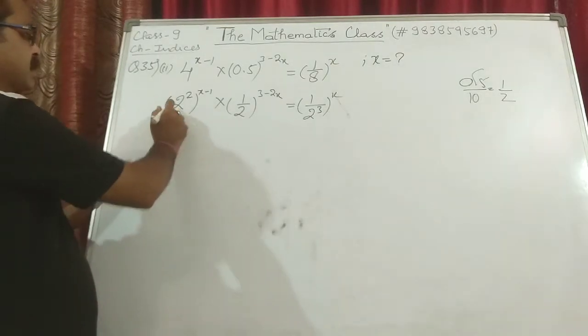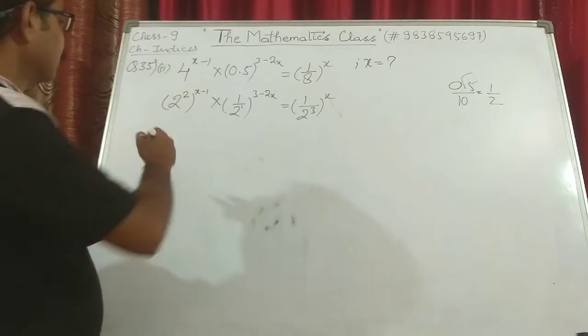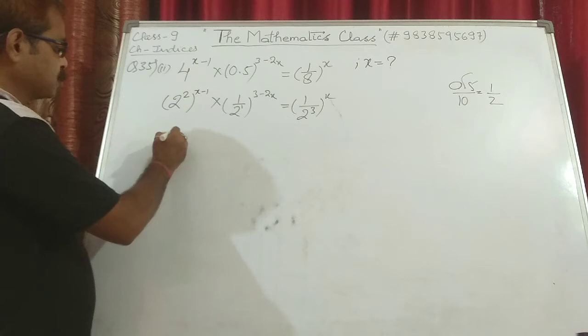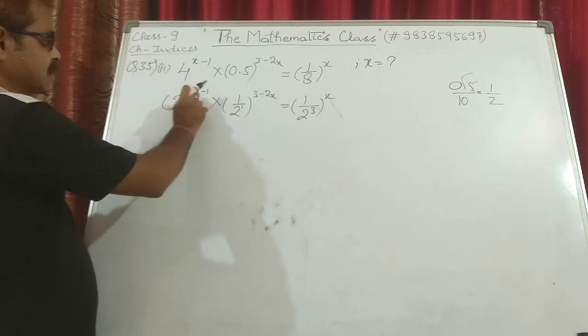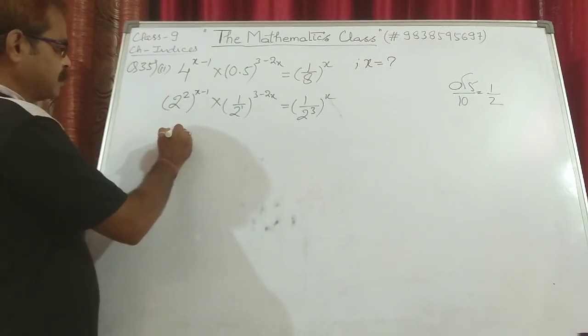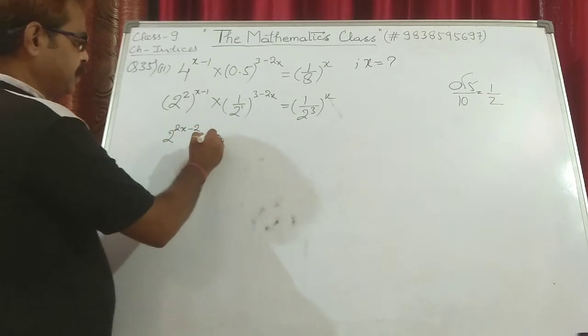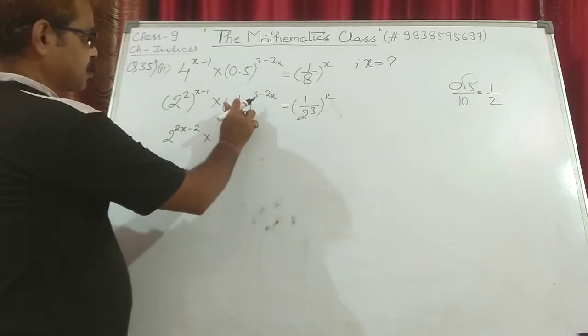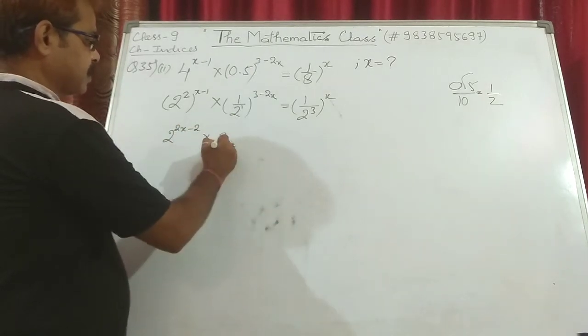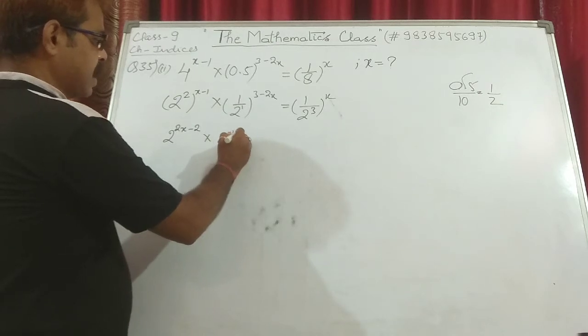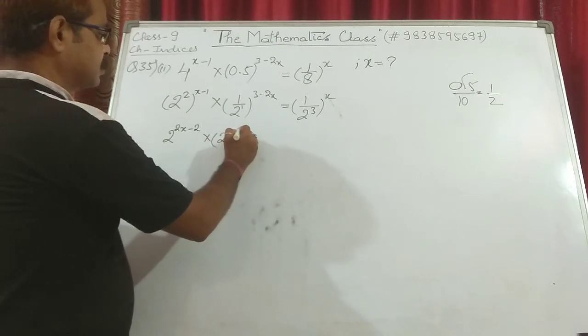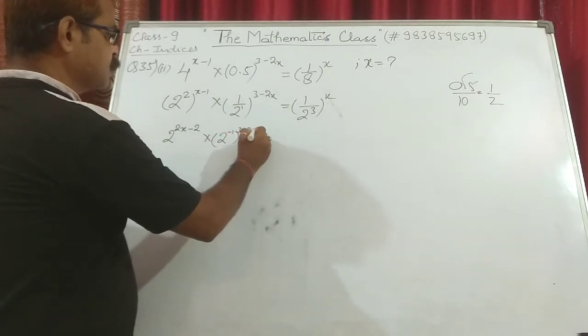Now this will become 2 to the power, powers and powers get multiplied, so it will become 2x minus 2, into 2 to the power 1, which goes to the numerator, will become 2 to the power minus 1, and whole power 3 minus 2x.